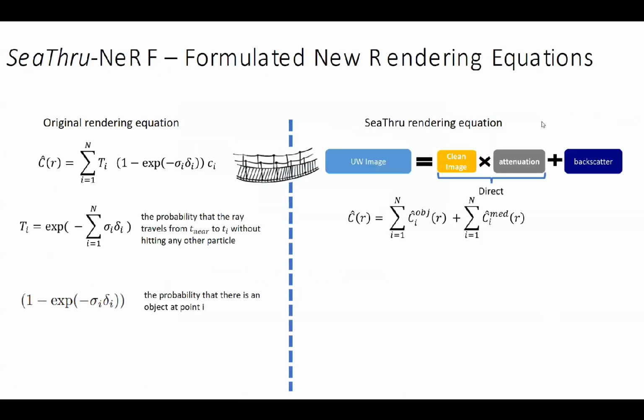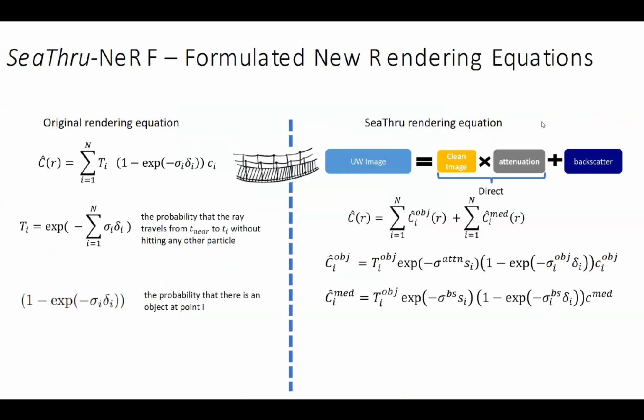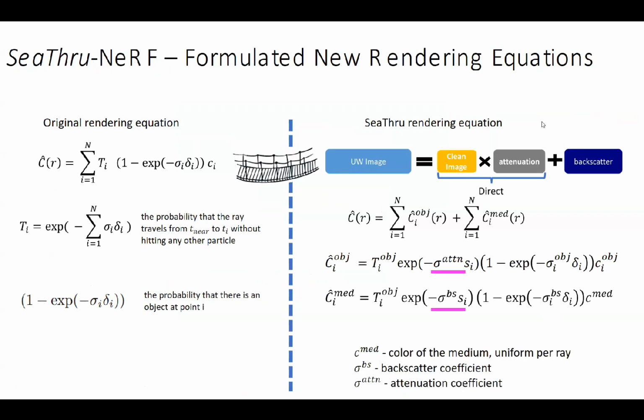Here are some of the changes in the equations we made. I'll just skip this, but mainly the addition of taking the medium into account. And also, according to the revised image formation model, we separate between attenuation and backscatter.